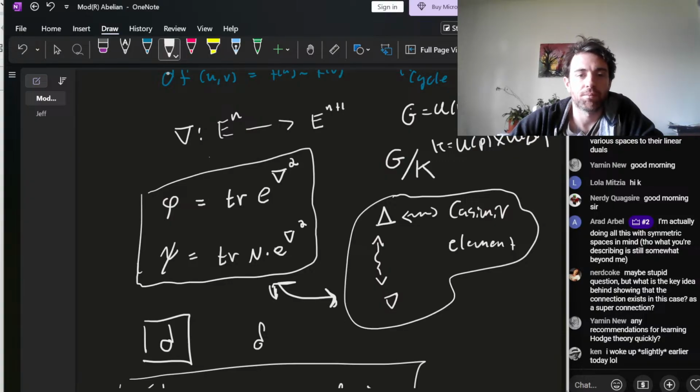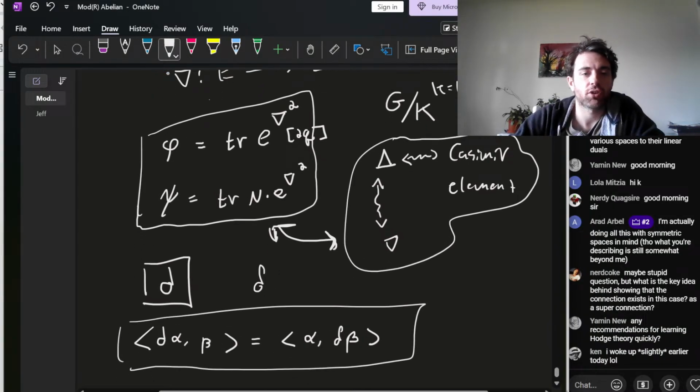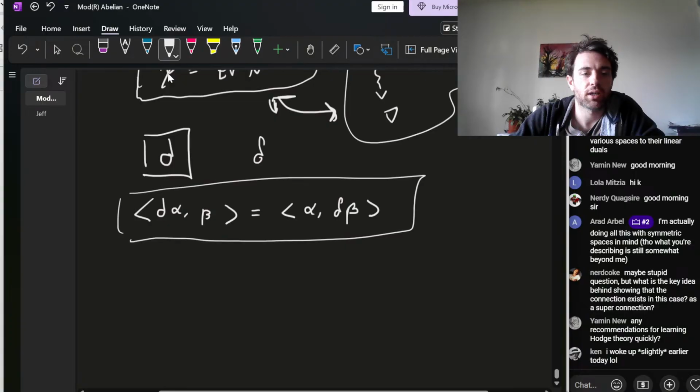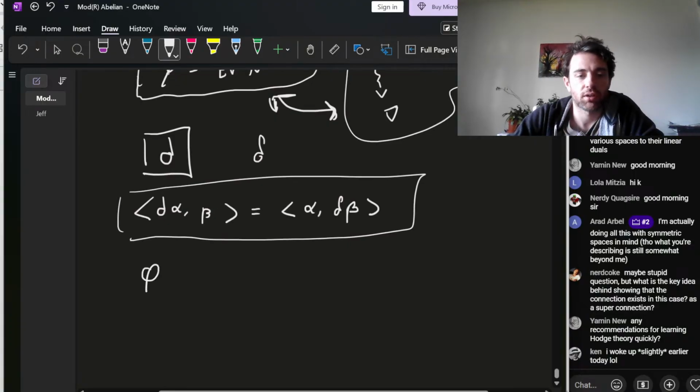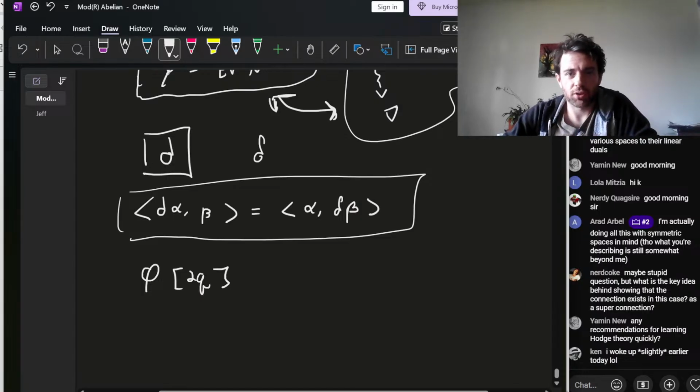For this form, we take the degree 2q part, and it turns out that phi of 2q is something called the Kudla-Milson form.